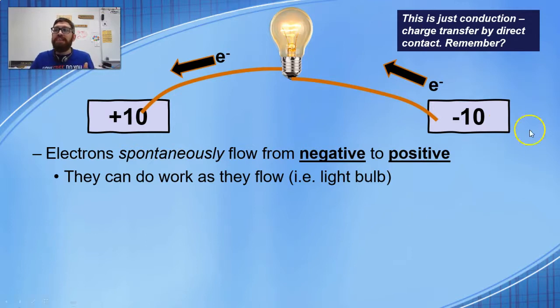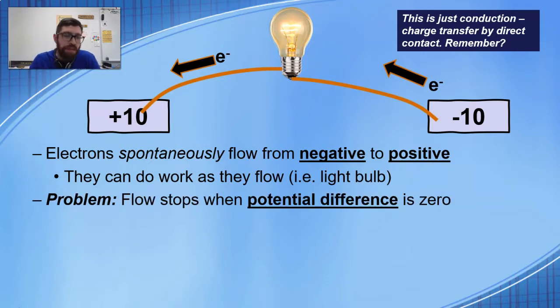In other words, they have energy from being on this negative side, and they can now use that energy to be converted into something else, like light energy in the case of this light bulb, or anything else. So the cool thing is if we force those electrons to go through the device we want them to go through, before they get to the other side, now the electrons are going to do work and they run the devices that we know and love. And that's why this is important.